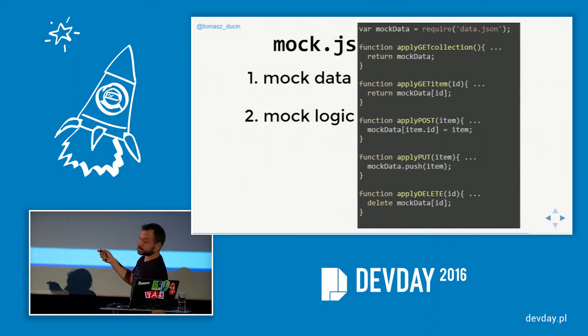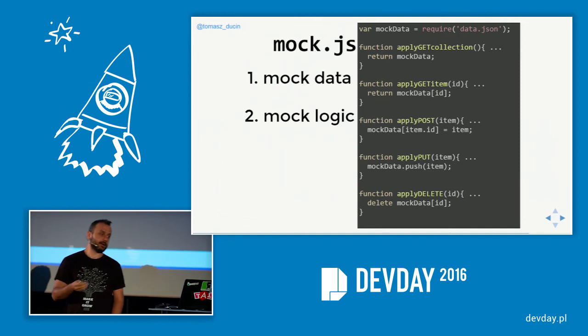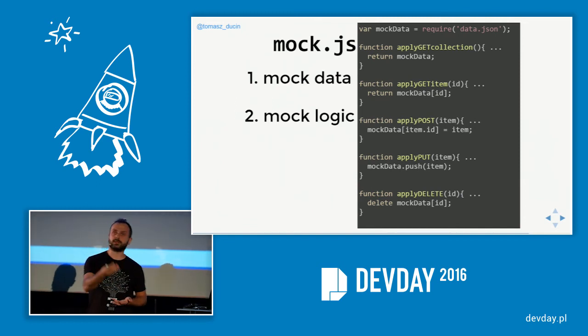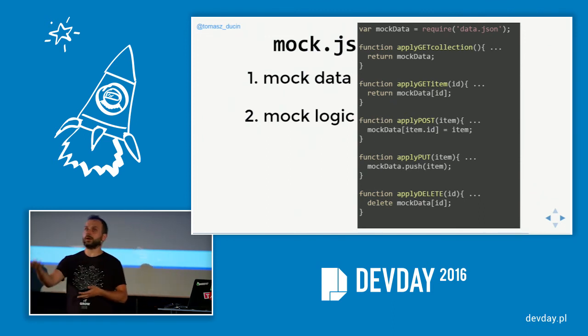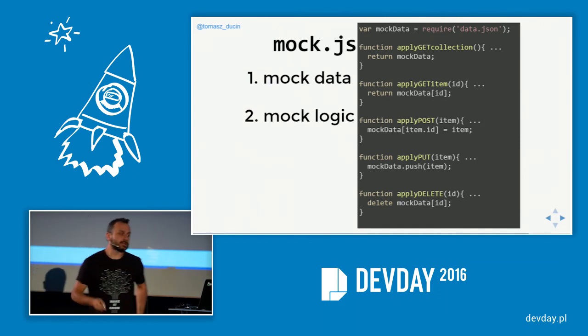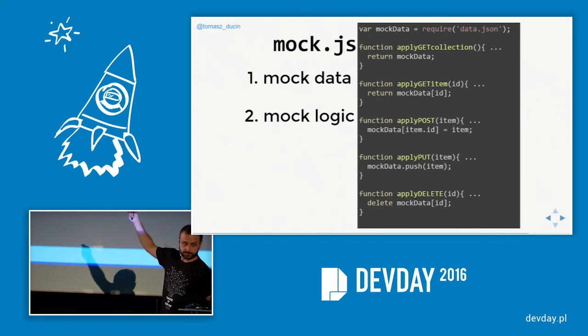The second thing is mock logic. So basically, we would like to make those mocks intelligent, so that if we create a new object and we shoot a get collection, we would like to receive a collection with one more element. If we delete something, if we update something, we would like to have updated data, right? So we create a set of functions that we want to support for a given resource.